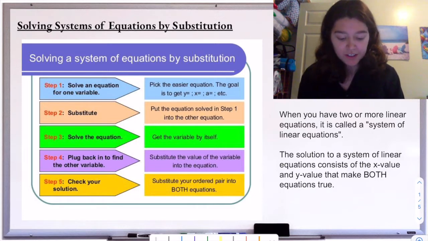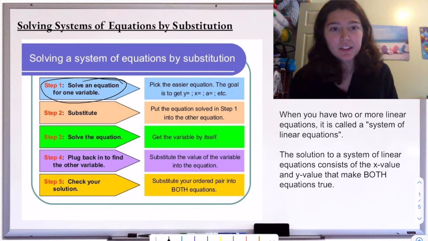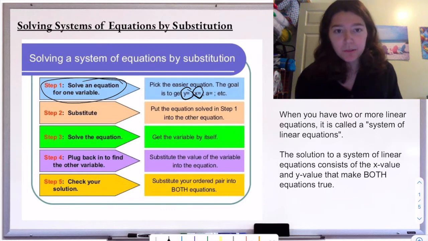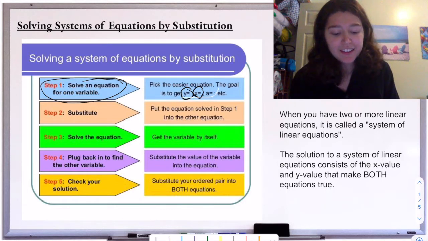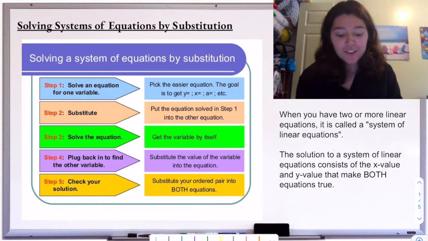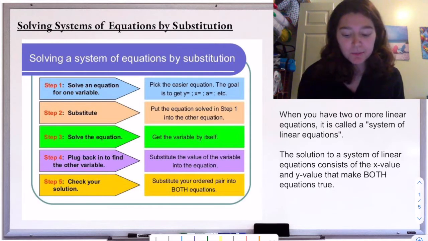So the general process we're going to take is we want to make sure that one of the two equations has a variable solved for, meaning a variable is by itself. So like y equals something, x equals something, a equals something. Because then that's going to allow us to substitute what that variable is equal to into the other equation for the variable, which we'll see lots of examples for.